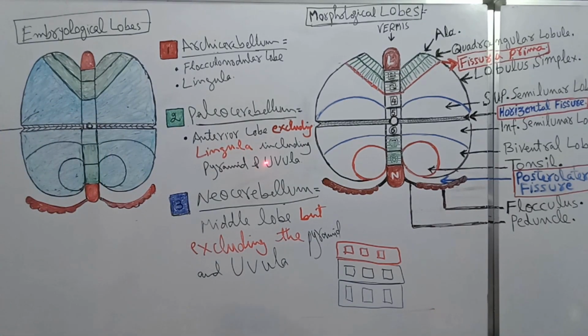Now, in this way, comparing this diagram showing different embryological lobes with this diagram, you can describe different lobes and lobules of the vermis and cerebellar hemisphere, which are parts of the archicerebellum, paleocerebellum, and neocerebellum.